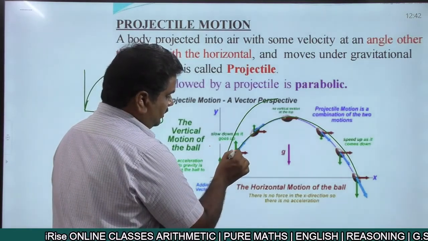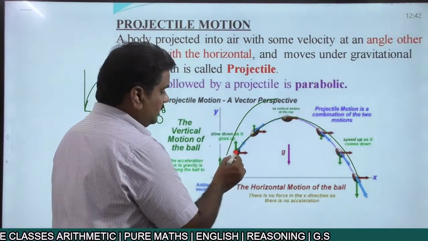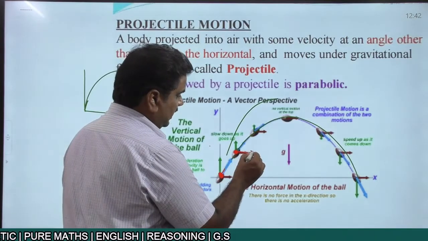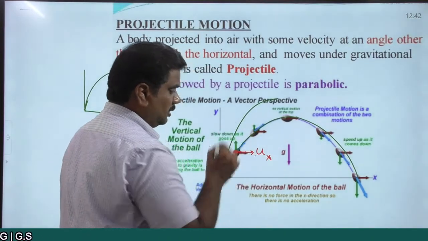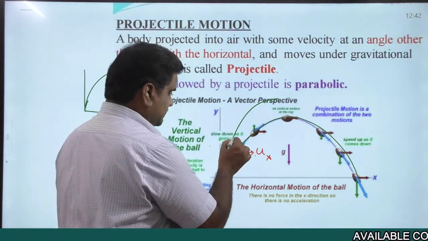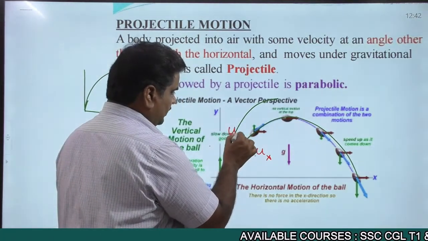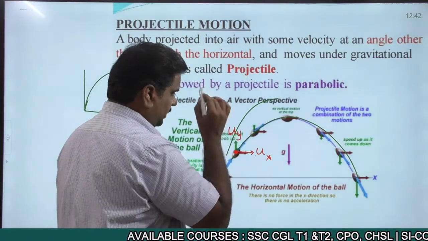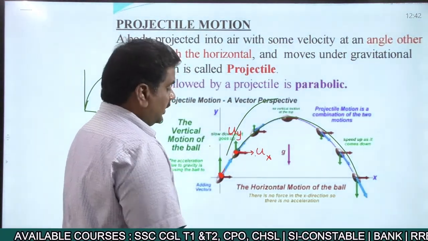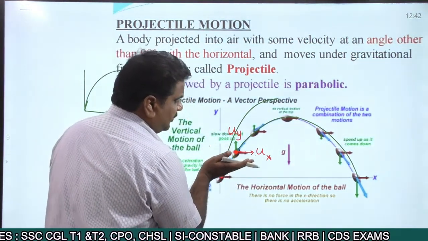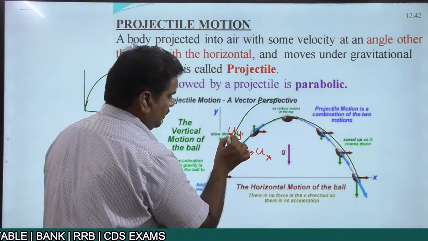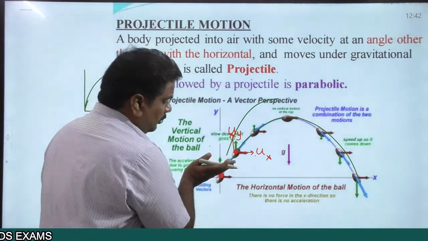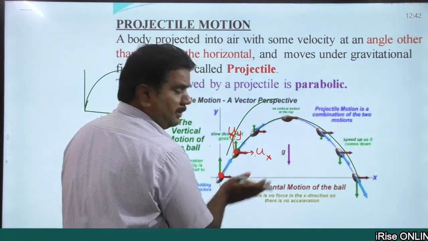The moment the object reaches this particular point, it has a certain amount of horizontal velocity represented by the letter ux, and at the same time it also has a vertical velocity given by uy. Right? Since the object has both the horizontal as well as the vertical velocities, the object is moving in this particular path.